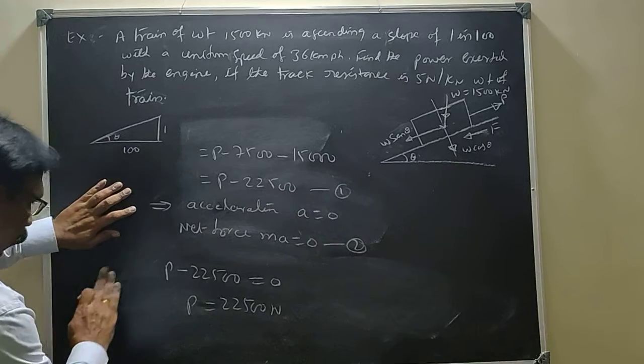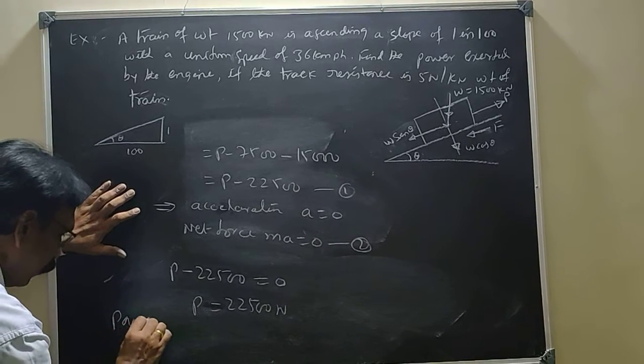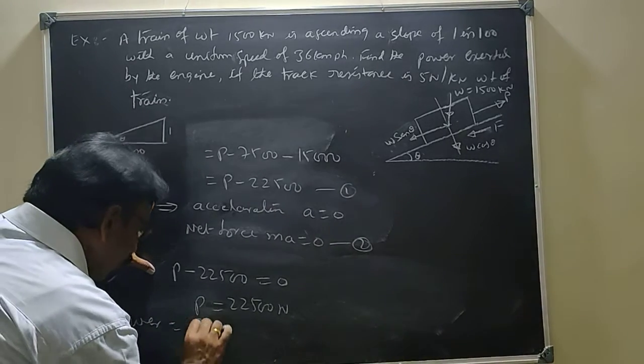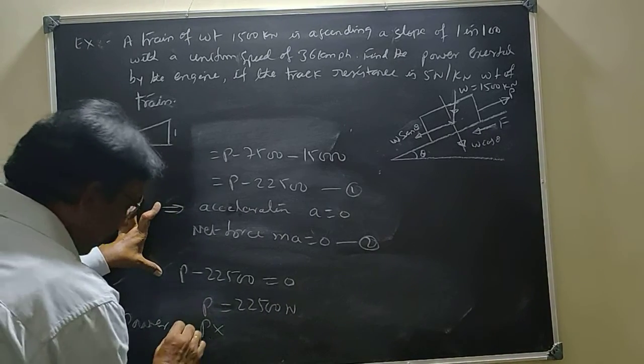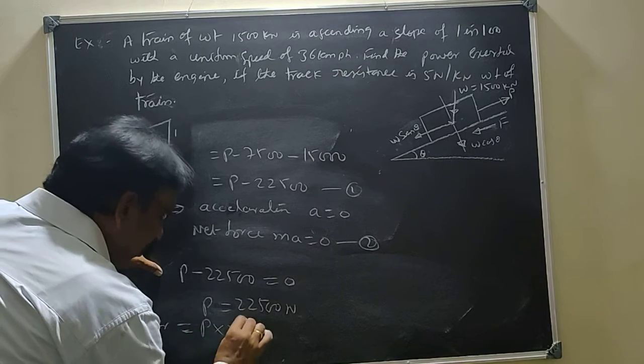So therefore power is equal to the net force P, that is the force exerted by the engine, multiplied by the velocity.